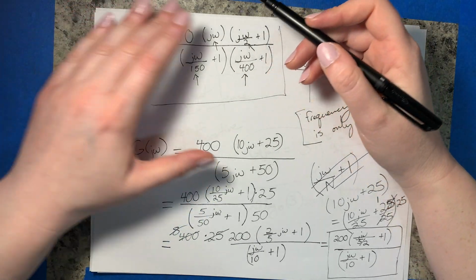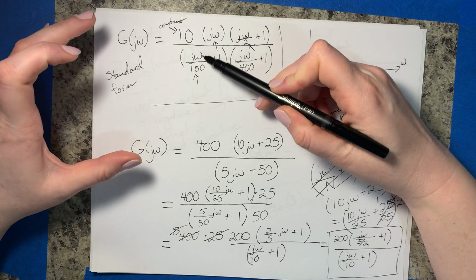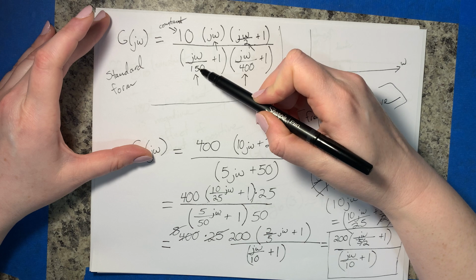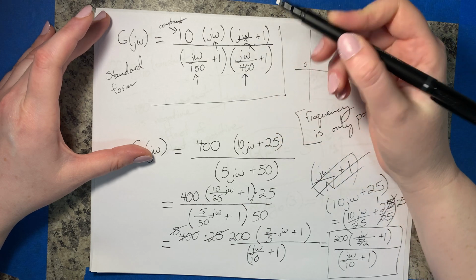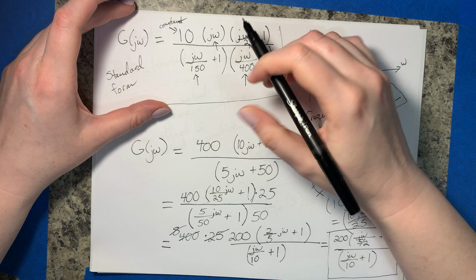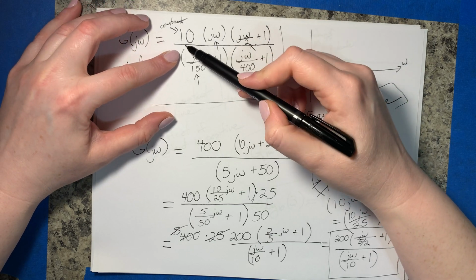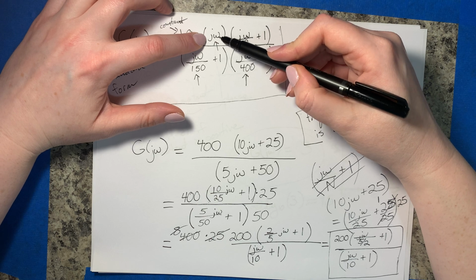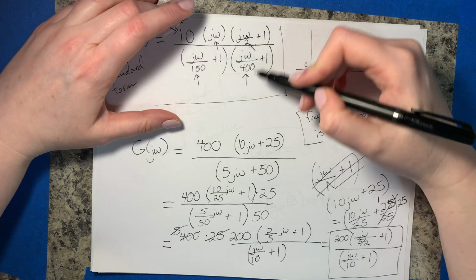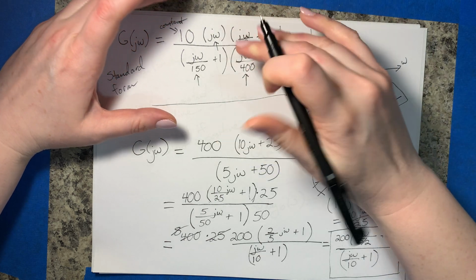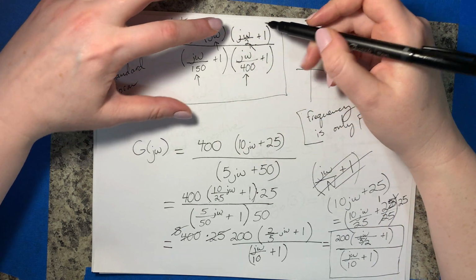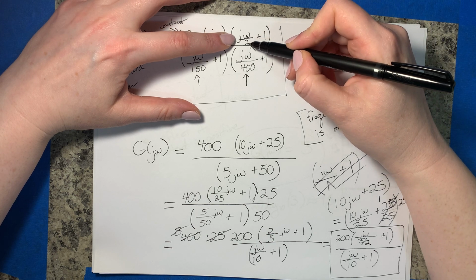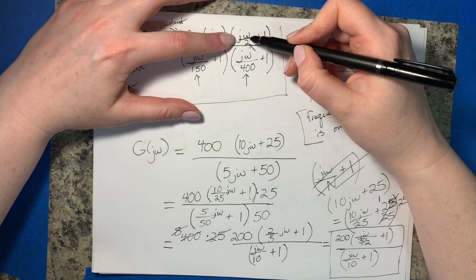The standard form is going to have all of our critical frequencies, our poles and our zeros, happen with these divisors right here. So we have this formula with our constant out front, and then this would be a zero that happens at the origin, and then for every other critical frequency elsewhere, we want to have a +1, divided by whatever that critical frequency is.